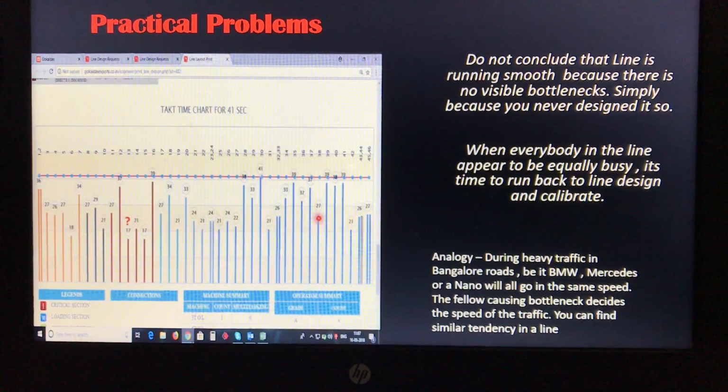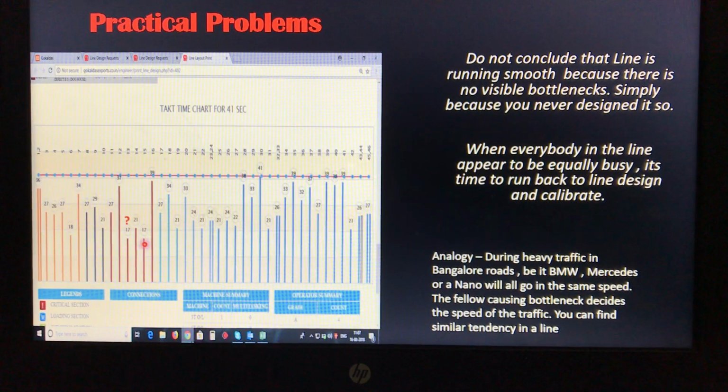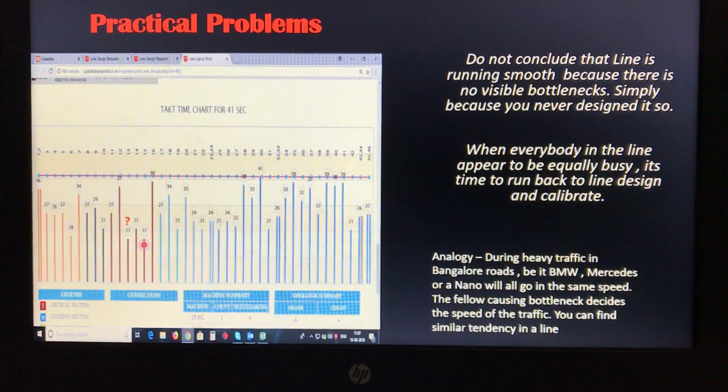This is when you need to go back to line design and check, why is this operator busy in this line? How come everybody is working at the same speed? What is wrong with the line?